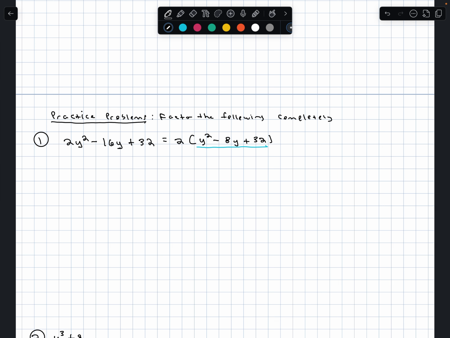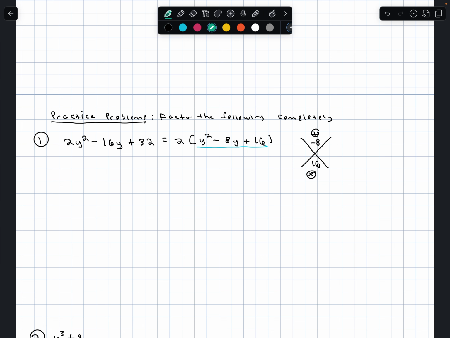Well, this is just the very first instance of factoring quadratics with a equal to 1. So we need to find two numbers, alpha and beta, that add to negative 8 and multiply to 16. It's plus 16 because 2 times 16 is 32.